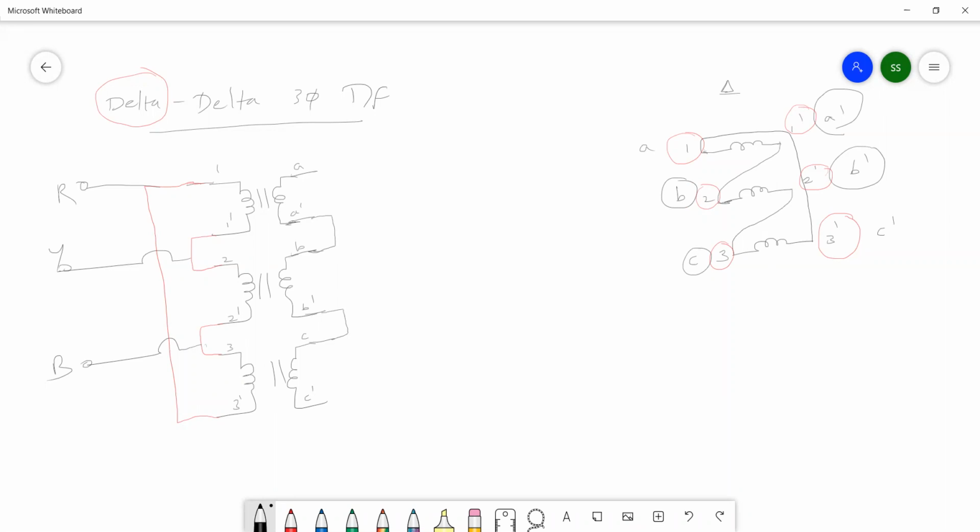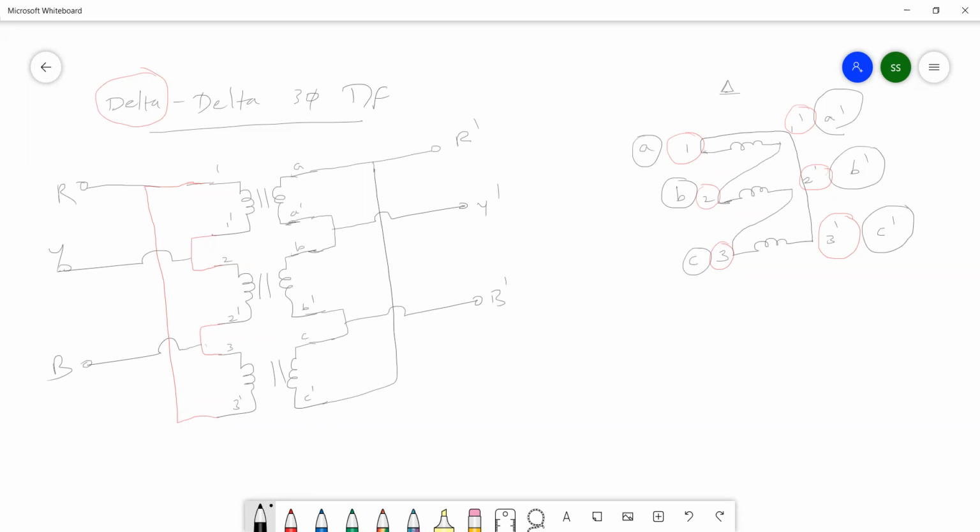B dash connected to C. Now C dash connected to A. R dash and Y dash, B dash. Understand ma? Delta delta connection.